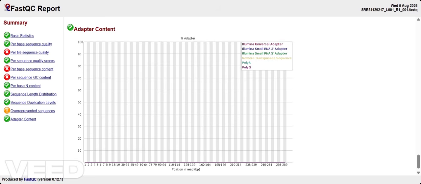If adapters remain in the final reads, they can interfere with downstream analysis. FastQC checks whether adapter sequences are present. In our report, the adapter content module is marked pass, which means FastQC does not detect a significant adapter content problem according to its threshold. That's good.